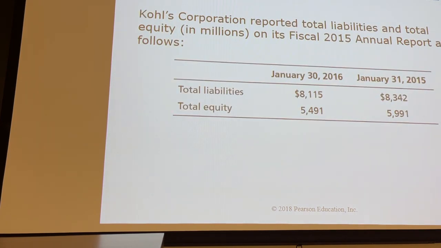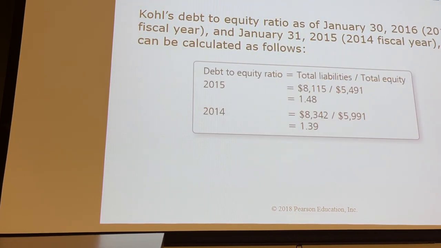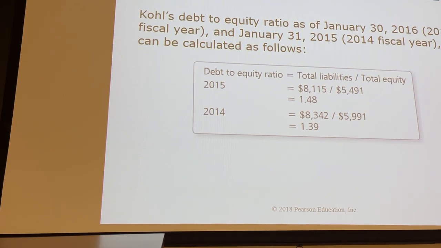So here's some data from Kohl's Corporation, and computing their ratio for the more recent year here, it's 1.48. So they have more debt in their capital structure than they do equity. If you knew what the debt ratio was, which is liabilities divided by assets, you could figure out what the debt to equity ratio is.